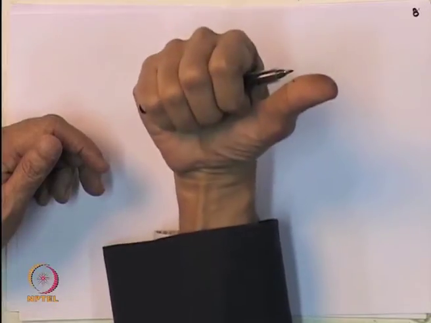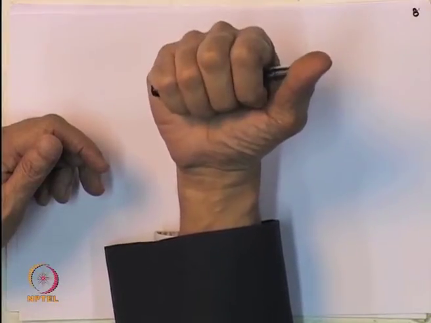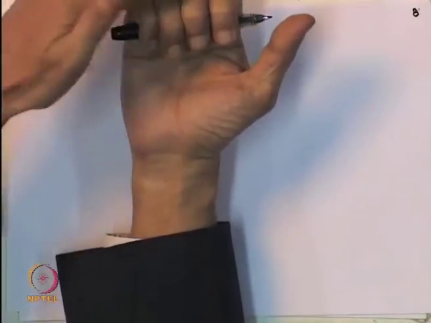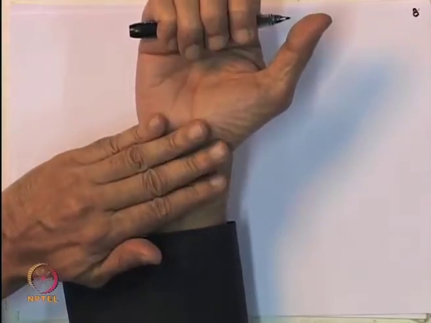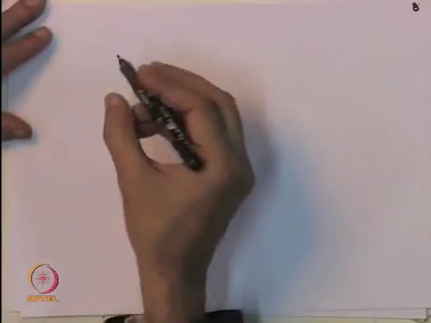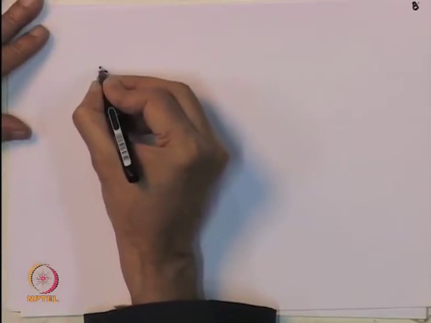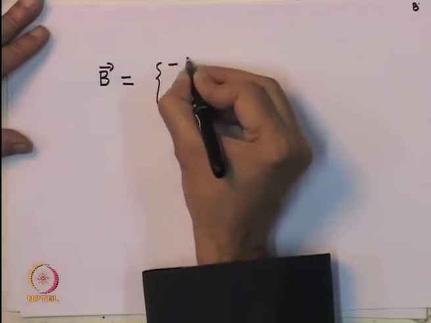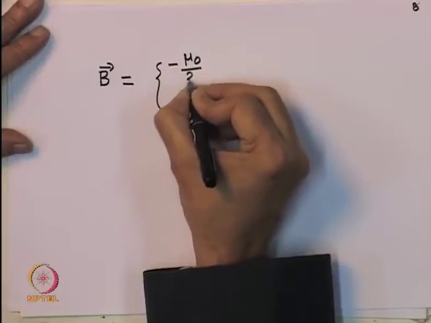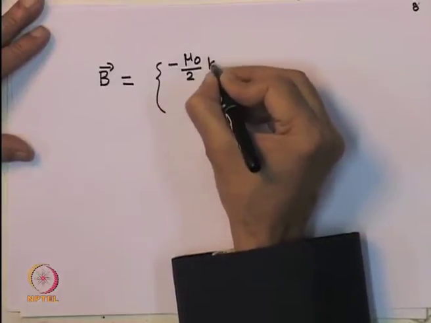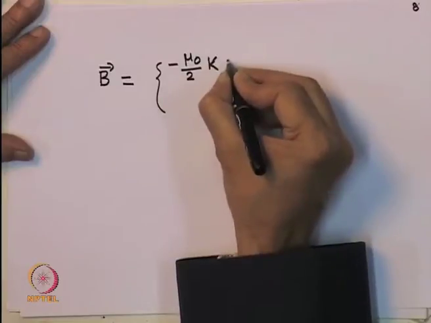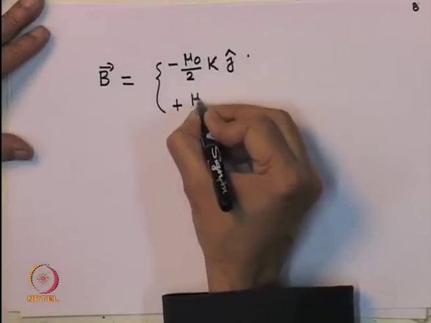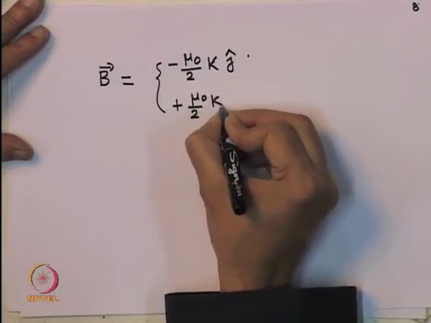So, in this particular case, what I notice is that if this is my x direction, then this is the minus y direction. So, the expression for the magnetic field for a current sheet is given by minus mu 0 by 2 linear current K along the j direction for z greater than 0, and plus mu 0 by 2 K along the j direction for z less than 0.